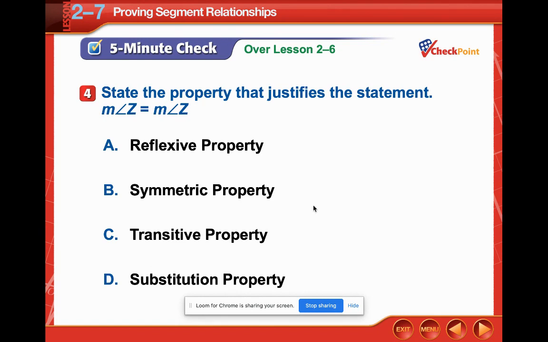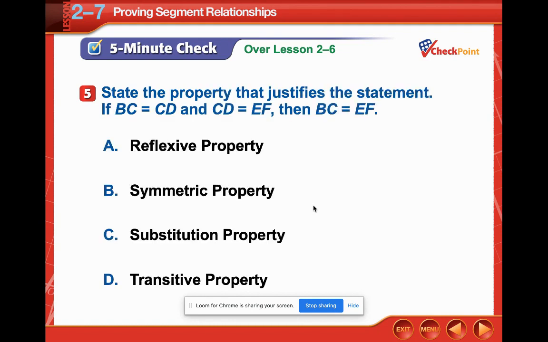If the measure of angle Z equals the measure of angle Z. All right, if something measures itself, that's going to be reflexive. Reflexive property, 5 equals 5. It's like a reflection. That's the way I remember it. Reflexive is like reflection. You're literally reflecting the same thing back to yourself.